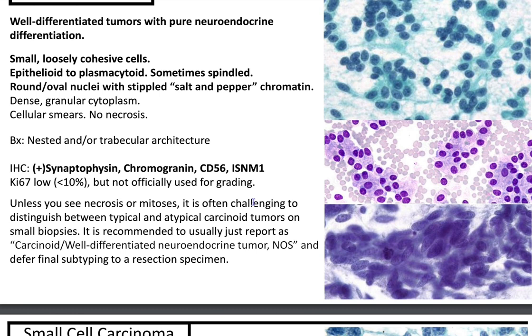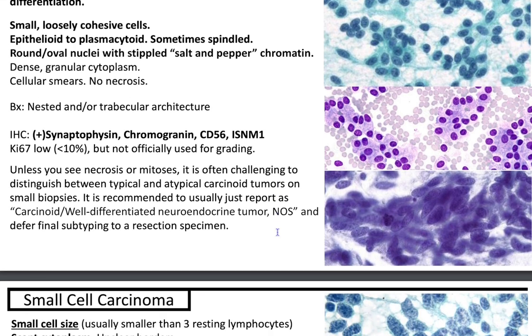Unless you see necrosis or mitoses, it's challenging to distinguish between typical and atypical carcinoid tumors, because if you see necrosis, that bumps it up to an atypical carcinoid at least. So it is recommended to usually just report as carcinoid / well-differentiated neuroendocrine tumor, not otherwise specified, and defer final subtyping to a resection specimen.